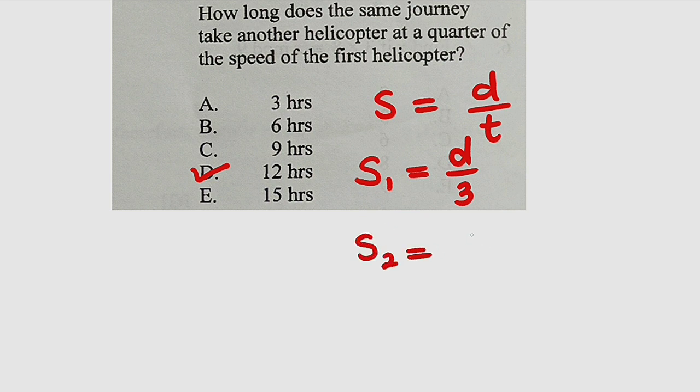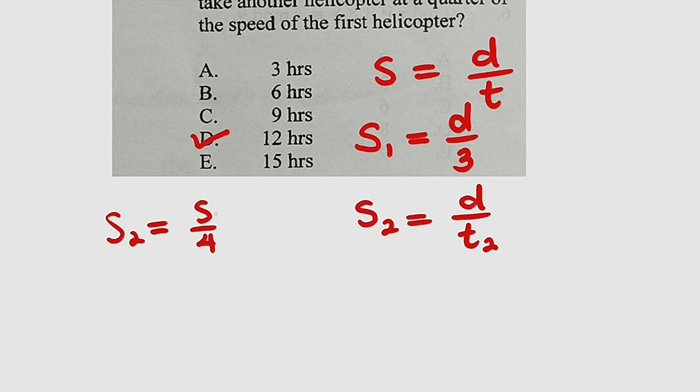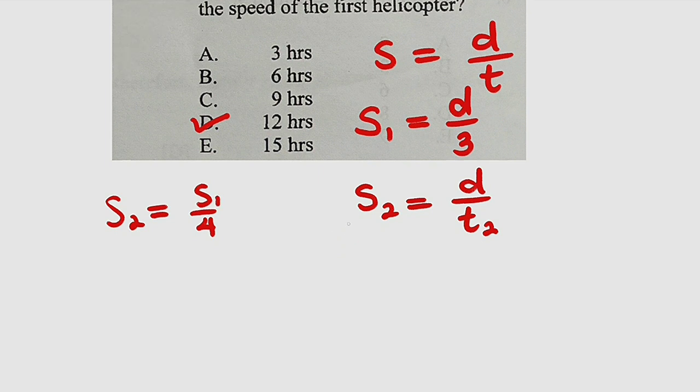This is equal to the distance, which will not change, but the time will change. So let me call it T2. But according to the question, this S2, the speed number 2, is a quarter of the first speed. So S divided by 4. So instead, we can replace this one with S divided by 4. Remember that this is S1, sorry. So instead of S2, we have S1 divided by 4 equal to D divided by T2.